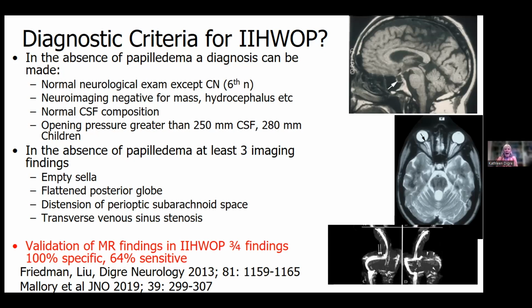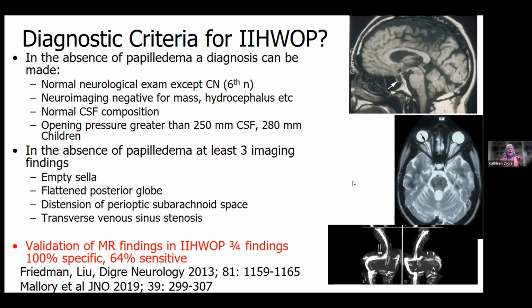In the absence of papilledema, you have to look for those signs like the empty sella that I showed you before up at the top, the flattened globe like I showed you before in that second picture down below where the arrow is pointing to the back of the eye, and distension of the nerve sheath. That's where the spinal fluid is tracking on the nerve from the brain. And then stenosis of the transverse venous sinus.